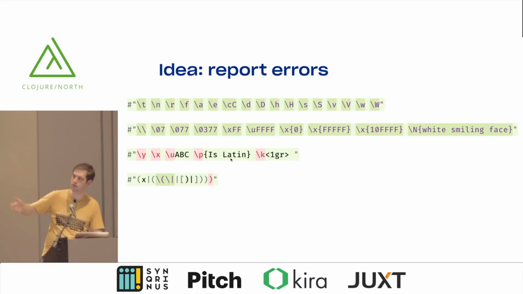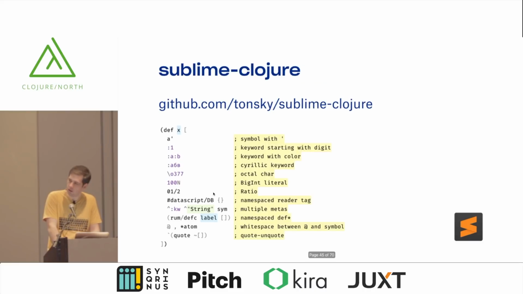So if you see a space inside these parens or braces, it's obviously incorrect, so why not highlight it? And also here you see an unbalanced paren inside the regex. I'm kind of proud of that, so I can highlight that much. Yeah. And this is my grammar. It's called Sublime Clojure.